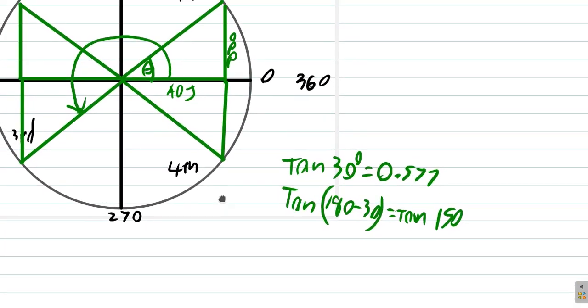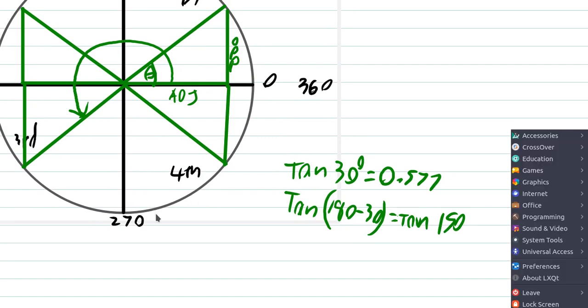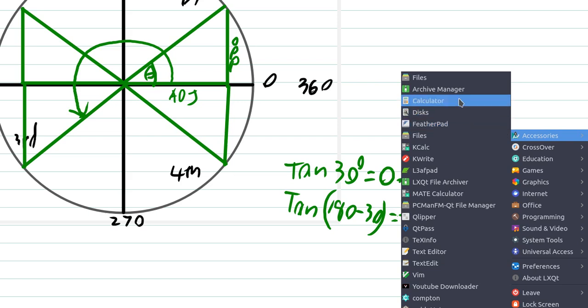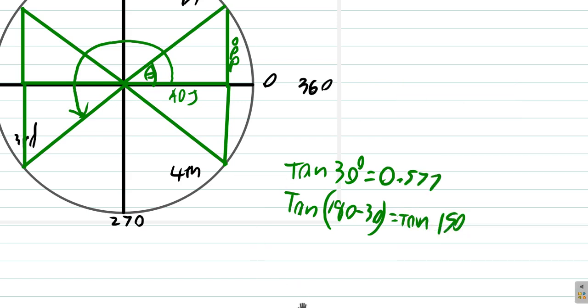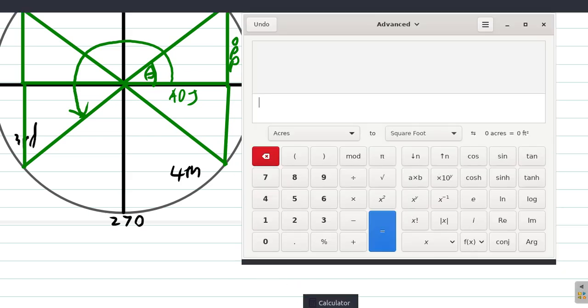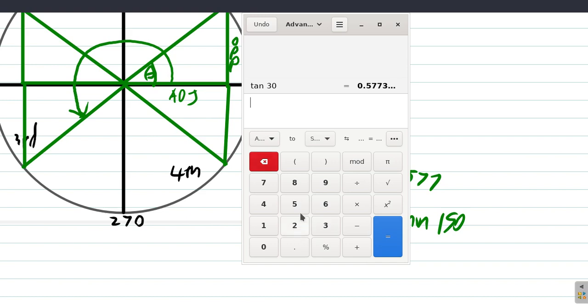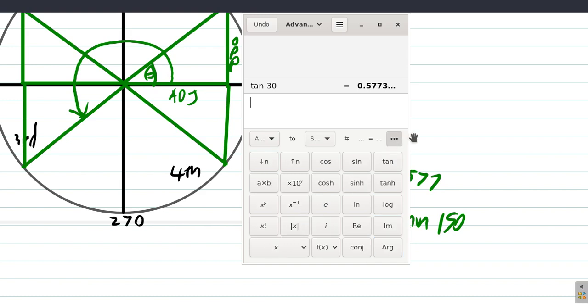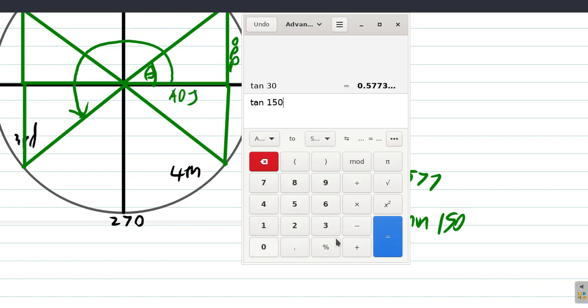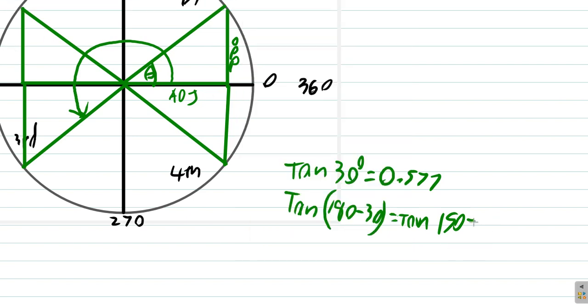Now, what is the tangent of 150? Let us see. Tangent of 150 equals negative 0.577 as expected. All right, equals negative 0.577.